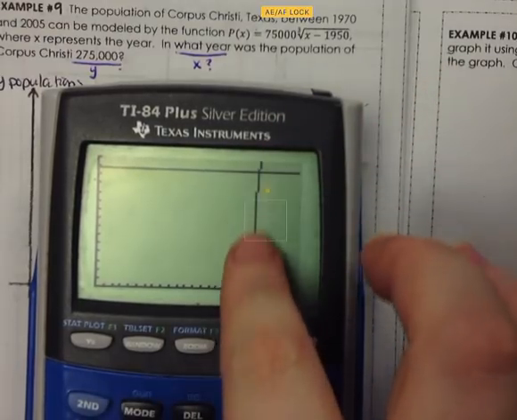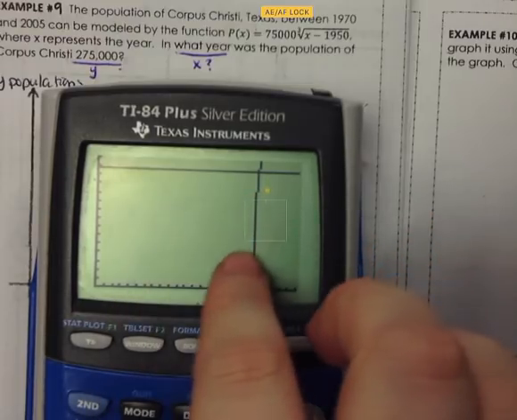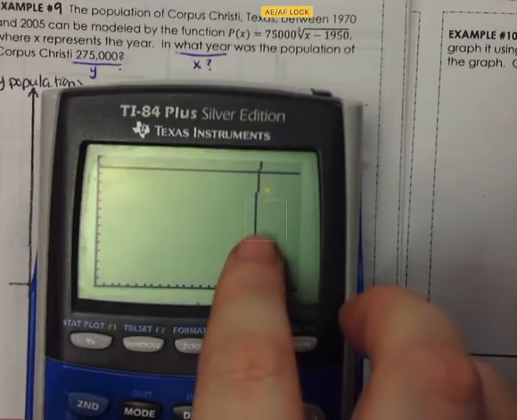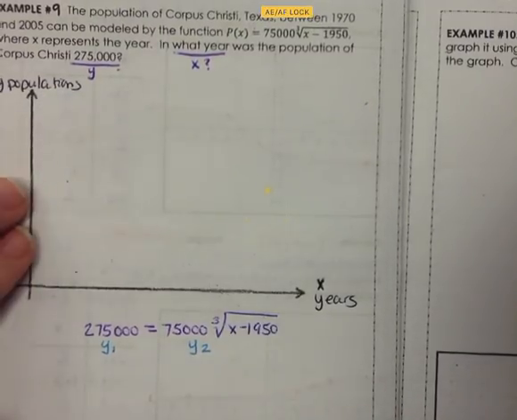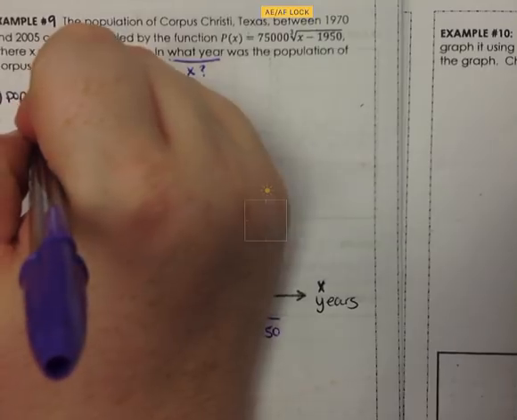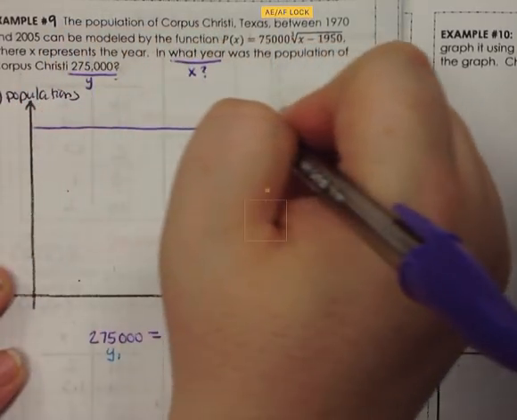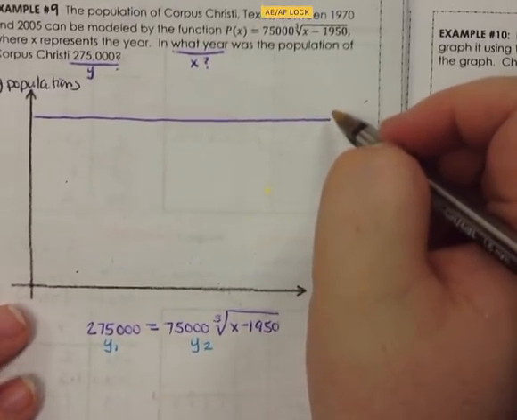Now the thing about the cube root part is that you do know from the other videos that it will actually keep going this way. It's just being a little weird on that graph. So on here, we can somewhat graph that. We have that 275,000 comes right here.